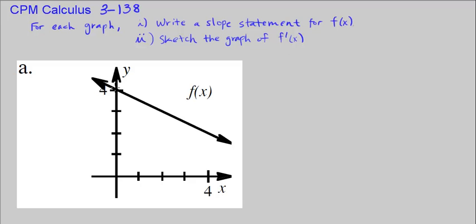Well, this is a line here, right? F of x is just a line. It's going down at a constant slope. A line has a constant slope. If this is 1, 2, 3, and 4, and 1, 2, 3, and 4 in the y direction, what is the slope of this?